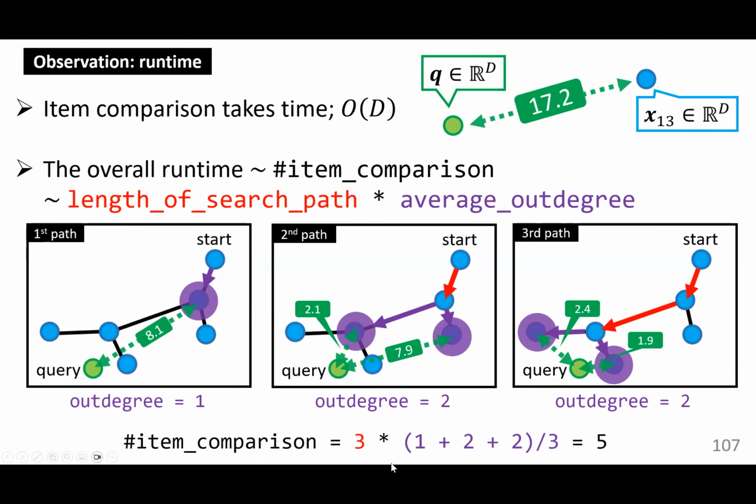I'm saying it's easy because the number of item comparisons is the dominant factor.